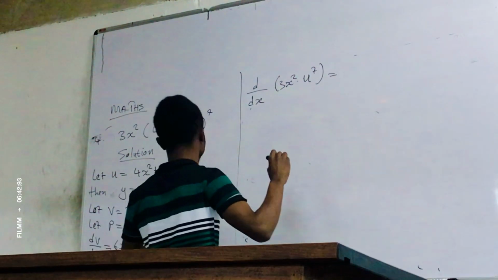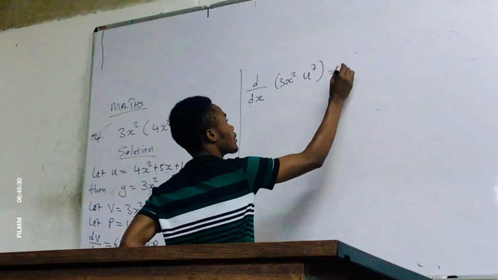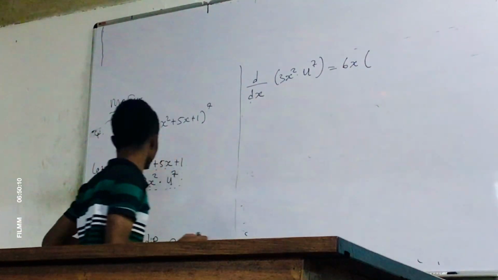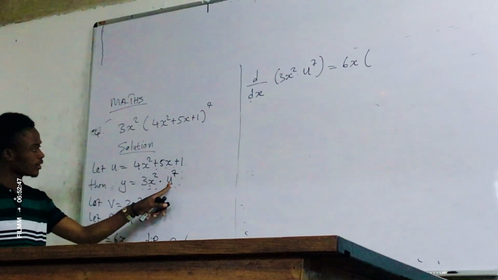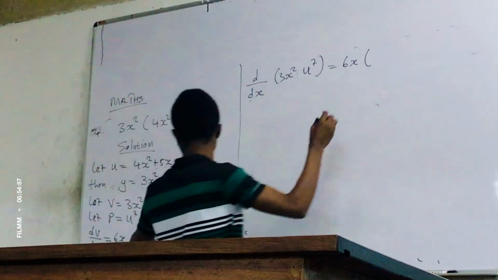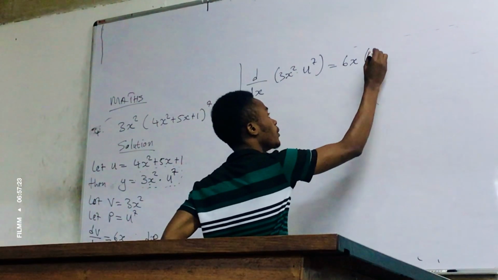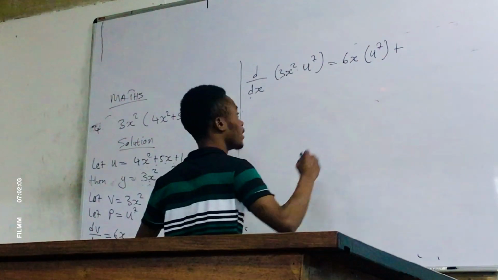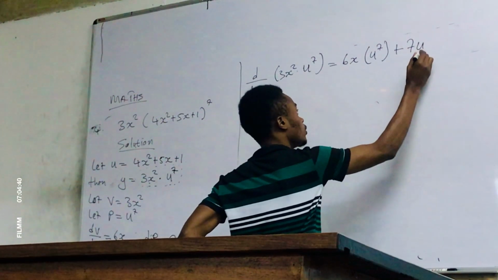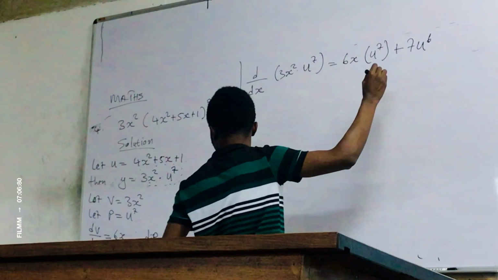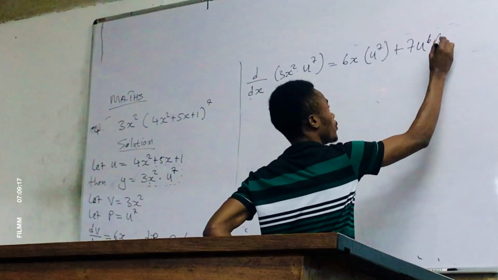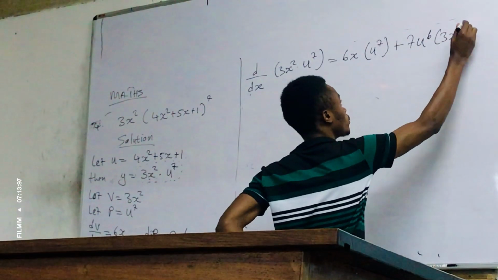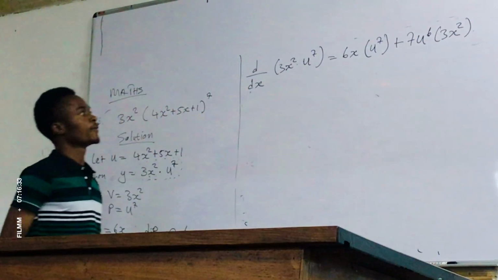When you differentiate it, you need to have 6x times what we had here, which is u to the power 7, plus, again, this guy which we had, which is 7u to the power 6, times 3x to the power 2. We have that.